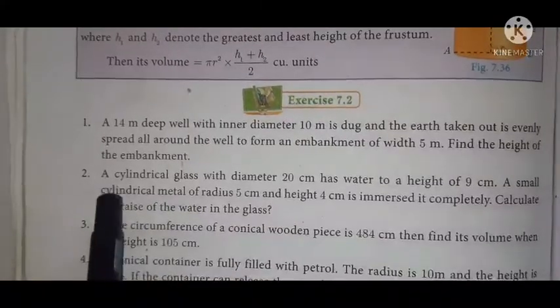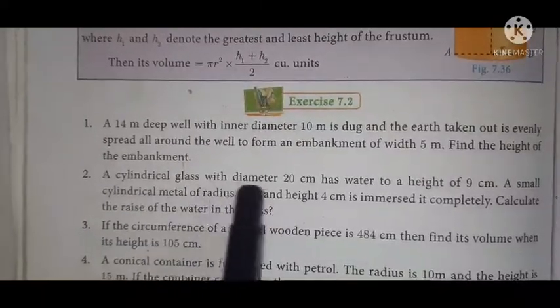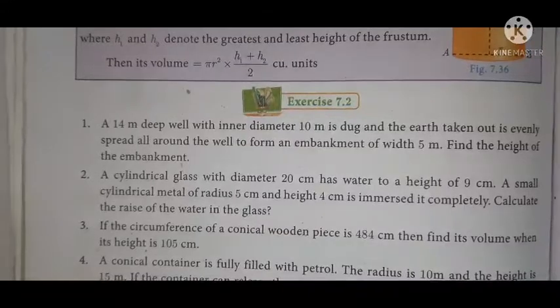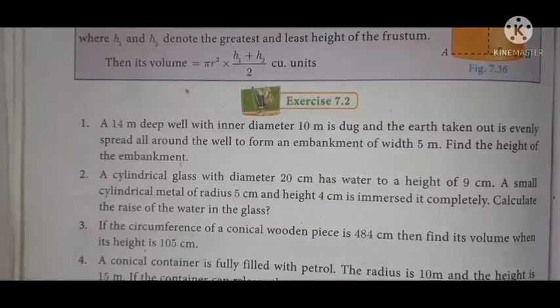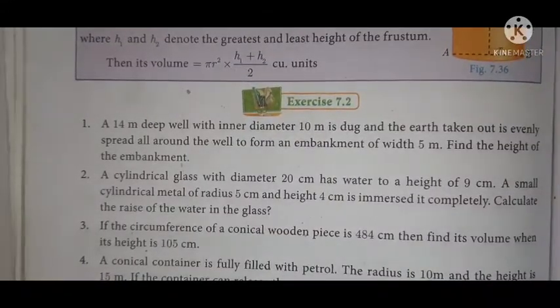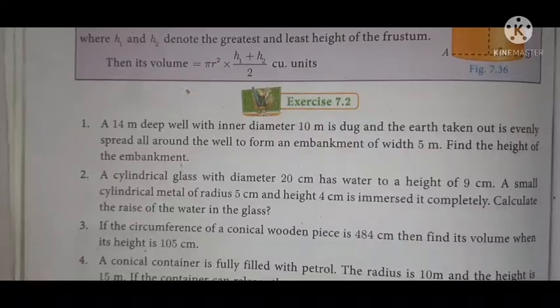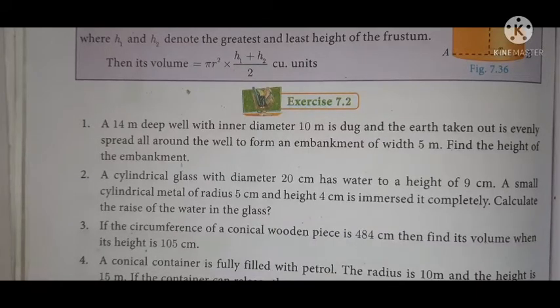Second sum. A cylindrical glass with diameter 20 cm has water to a height of 9 cm. A small cylindrical metal of radius 5 cm and height 4 cm is immersed in it completely. Calculate the rise of water in the glass. A cylindrical glass is given.